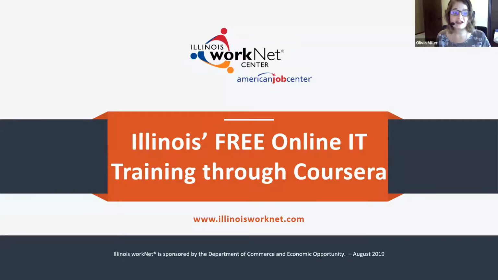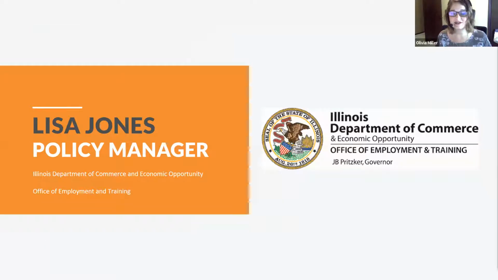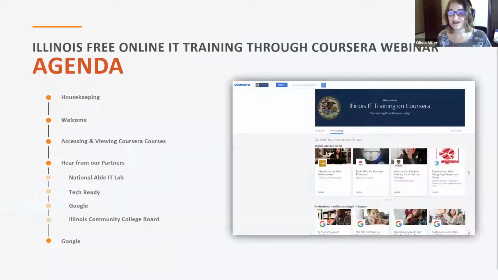We will start out today's webinar by hearing from DCEO regarding the initiatives that have been made to make these opportunities possible. We will then take a closer look at how you can gain access to Coursera's free online training and navigate the free courses that are available.